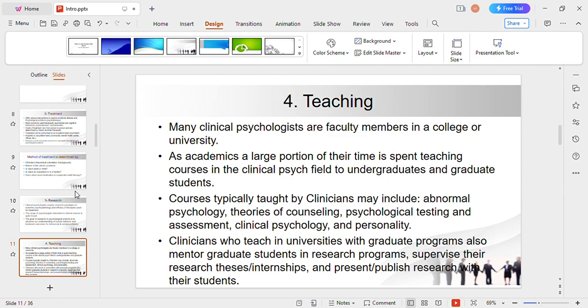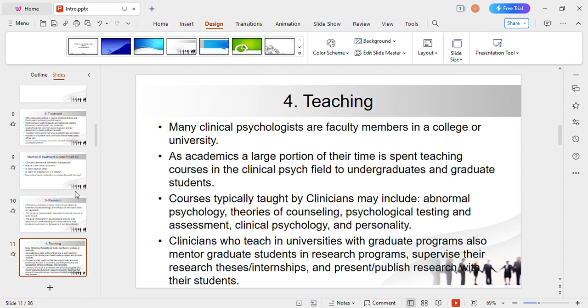Apart from research, another activity the clinical psychologists perform is teaching. Many psychologists are not interested either in research or even in providing therapy, so they prefer to be teachers. In teaching, they serve as a faculty member in any college or university.